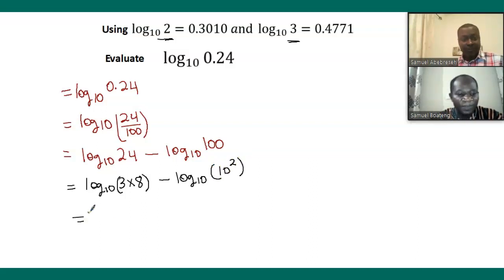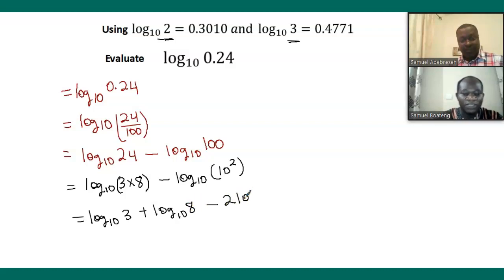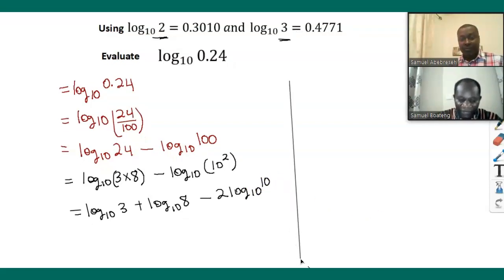So next step, 3 is multiplying 8. We can break it using the laws of logarithm. So log 3 plus log 8, minus log 10 to the base 10 squared. We already know the value for log 3 to base 10.